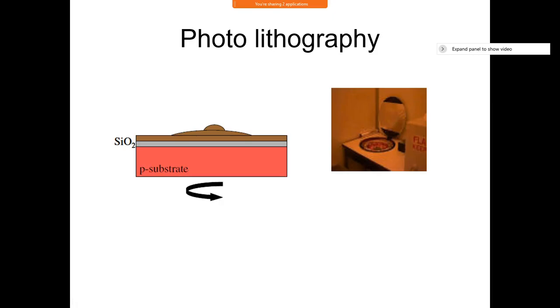Over that silicon dioxide has been grown. Now you need to put a layer of photoresist. As I said, photoresist is a polymer, a chemical liquid that has to be put above this SiO2. You put some drops of that polymer, and you just rotate it. This is what is called a spinner.